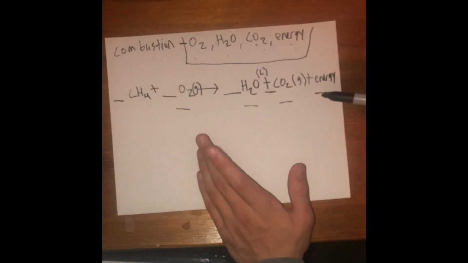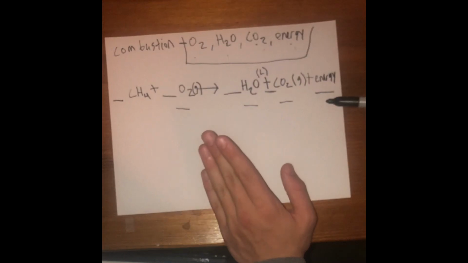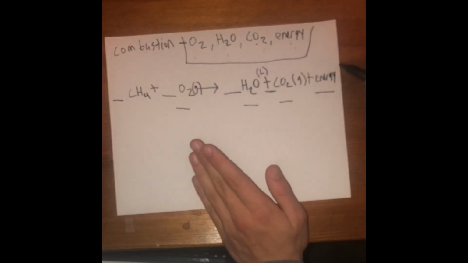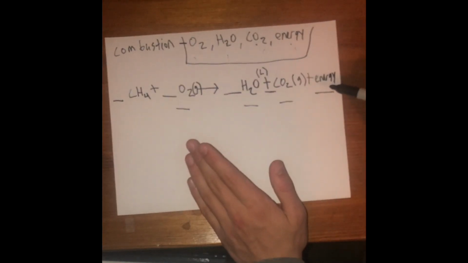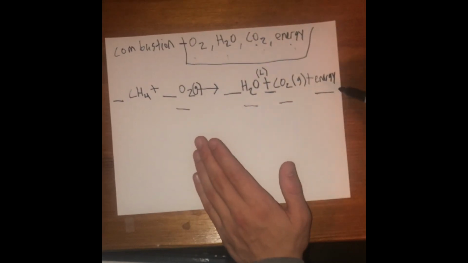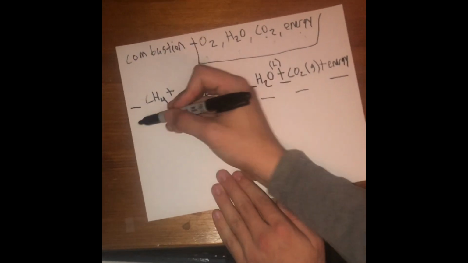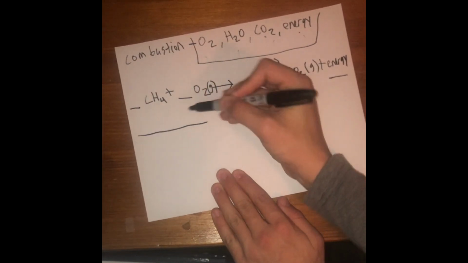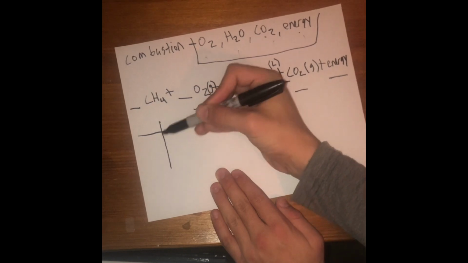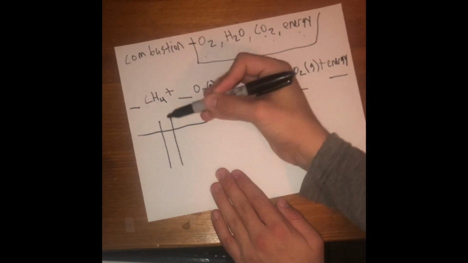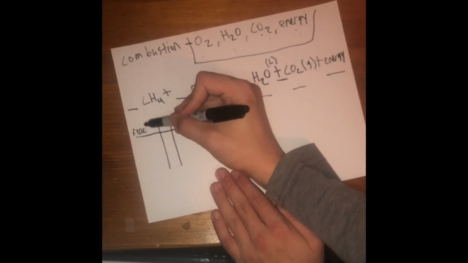But this is how you light methane on fire, is with an equation like this. But first we have to balance it, following all the coefficient rules that we've applied with the last two equations. So we will set up the chart over here. We'll set it up a little better than we did last time. This is the best way to write it out.